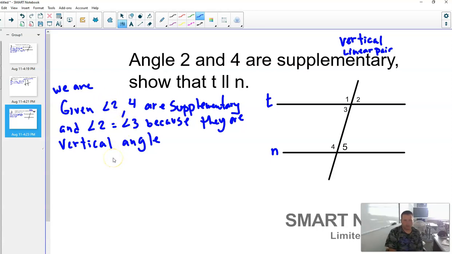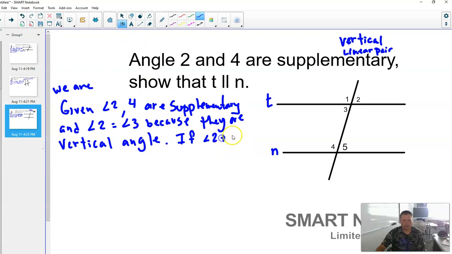So what I want to put here is a couple different if-then statements. So I'm going to put that if angle 2 and 4, let's actually just use some mathematical equations here.